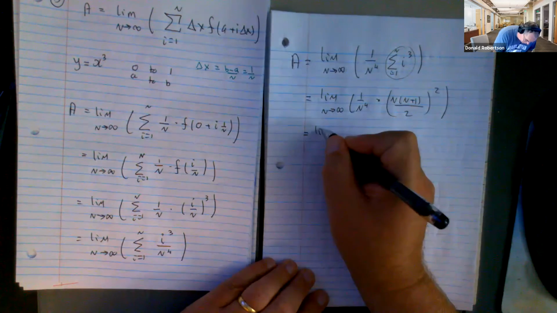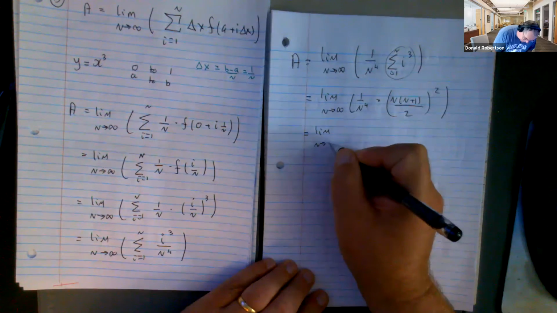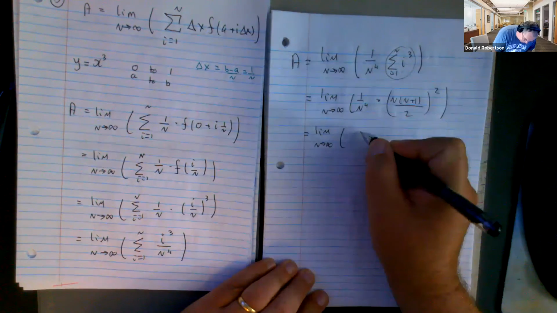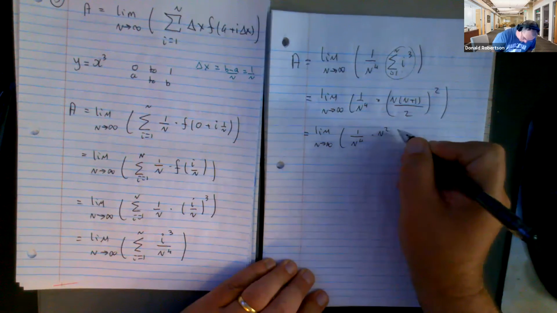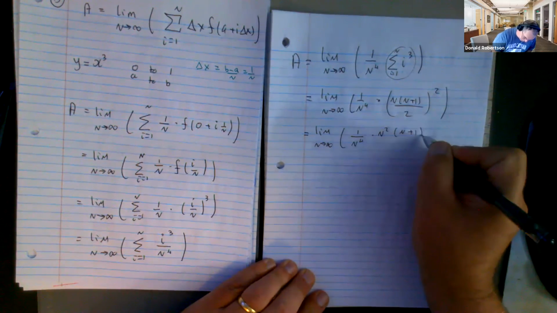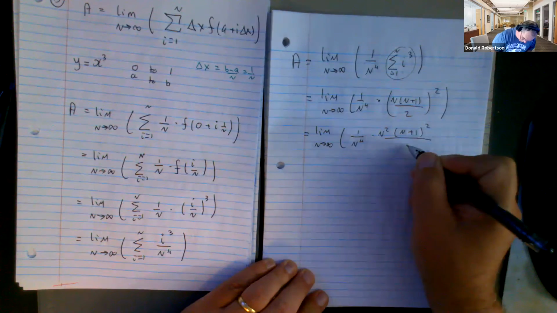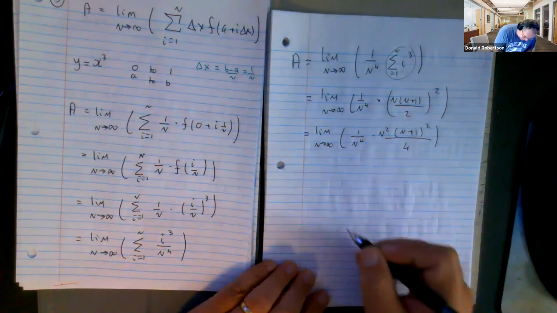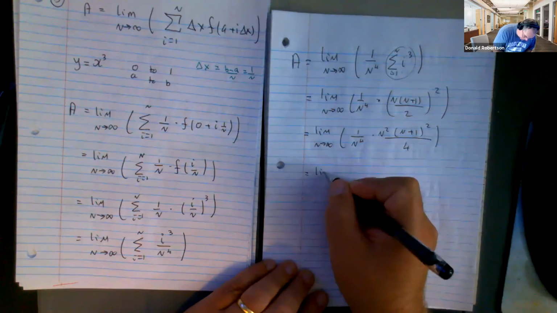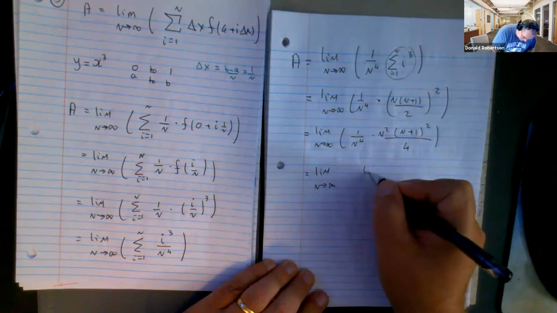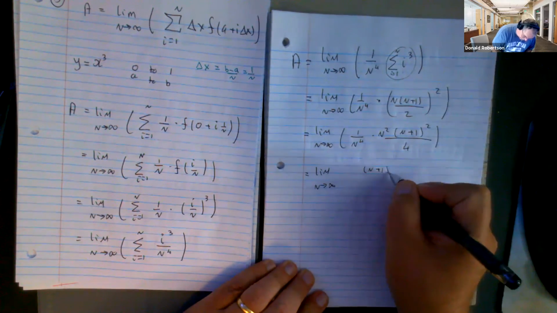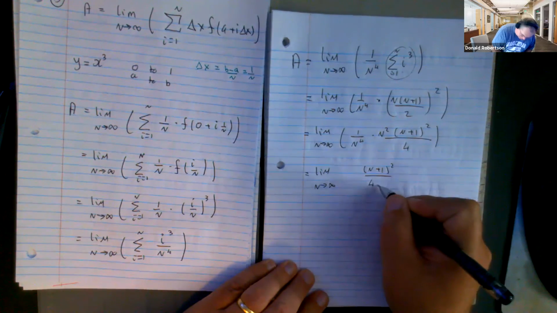Now what I'm going to do is work on this. It's 1 over n to the 4 times n squared times n plus 1 squared over 4. I'm then going to cancel out a little bit, and I'm going to have n plus 1 squared over 4n squared.